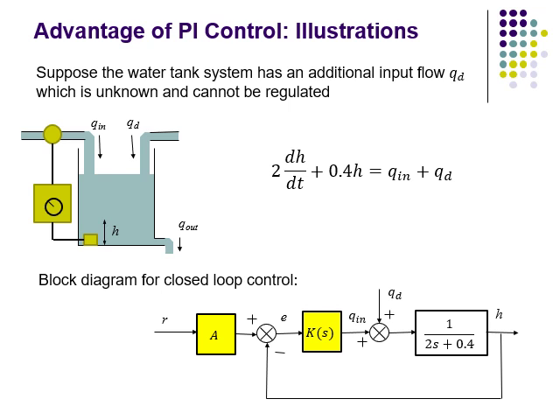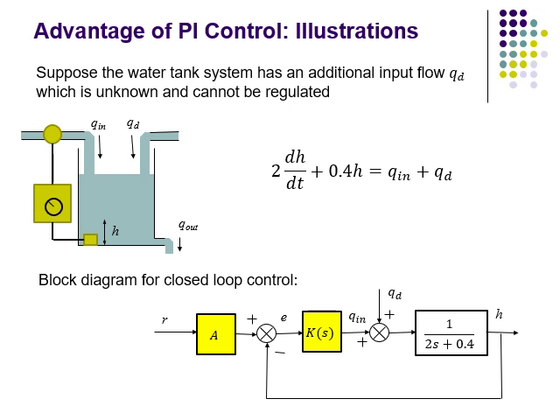So we have the feedback loop, and the reference here is scaled by a constant A, so this will help to correct for steady state error, and then the error signal goes into the controller.